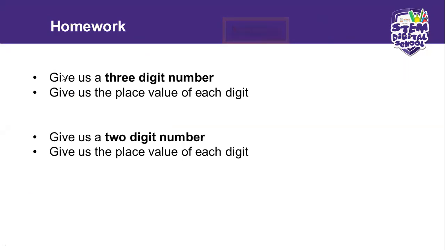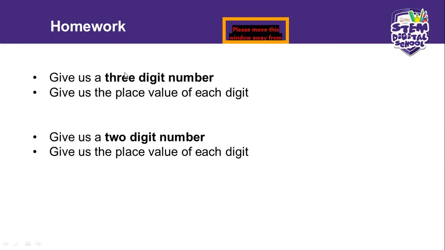Okay, I want you to give us a 3-digit number. For example, if you've got 25, 25 is a 2-digit number. It means it's got 2 numbers.